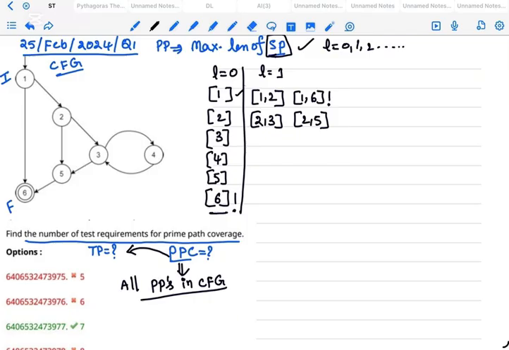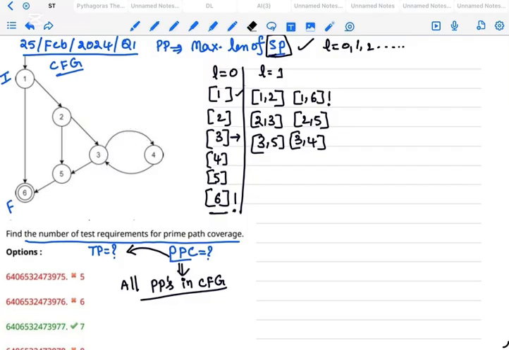Next, starting from node 3, we extend length 0 to length 1 by the next node. 3 to 5 is possible, and 3 to 4 is also possible.